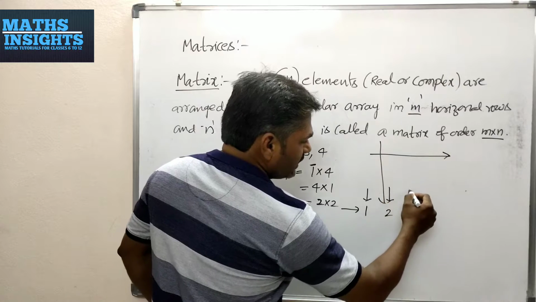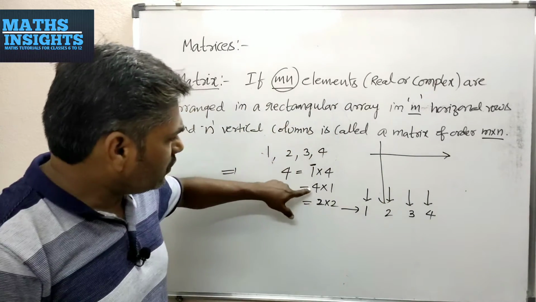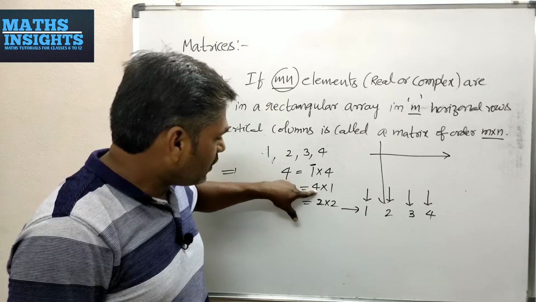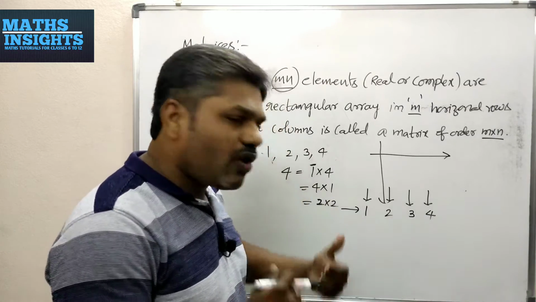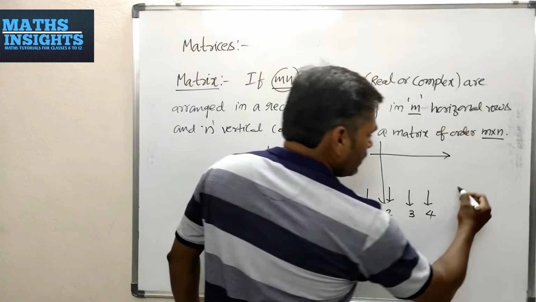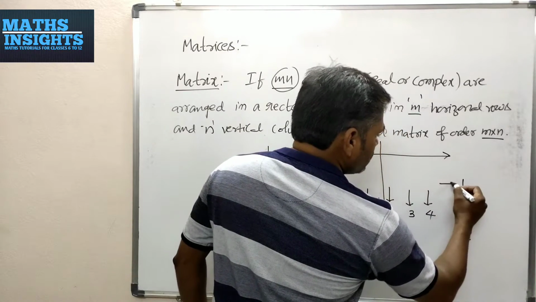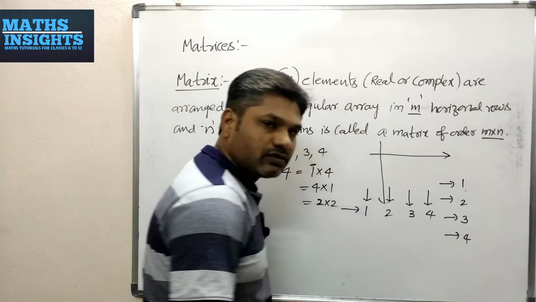First column, second column, third column and fourth column. If you come to the second order, it indicates that there are 4 rows in the arrangement and 1 column. So you have to arrange 4 rows, means horizontal. 1, 2, 3, 4. This is the first row, second row, third row, fourth row.